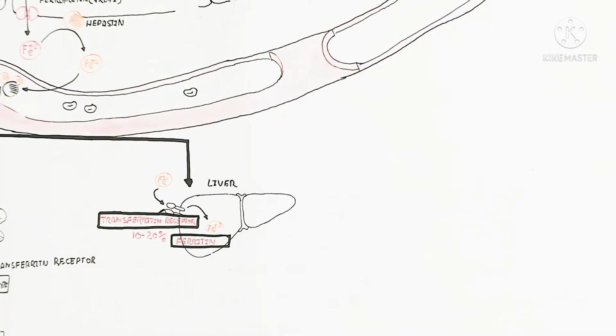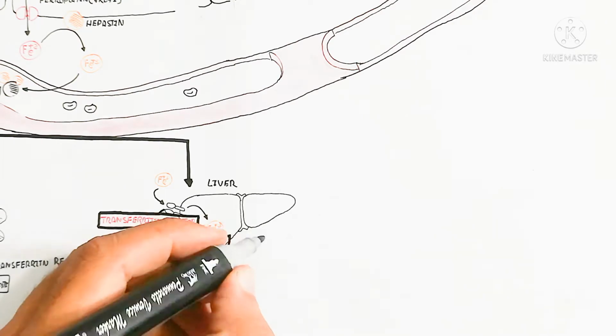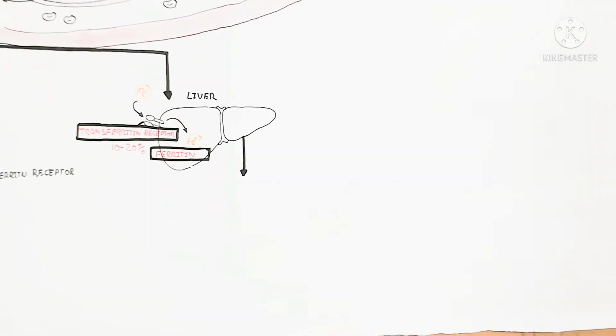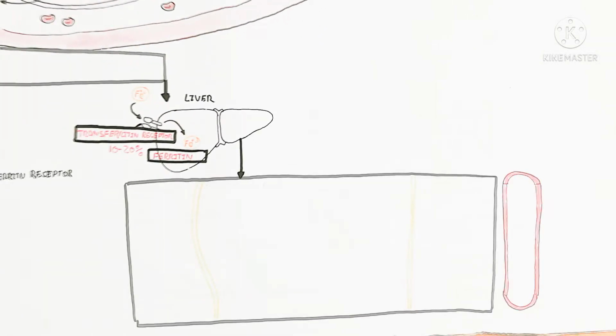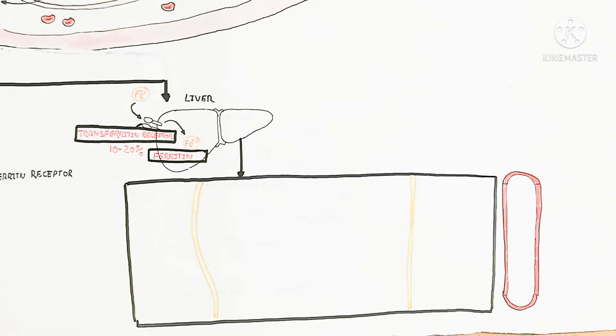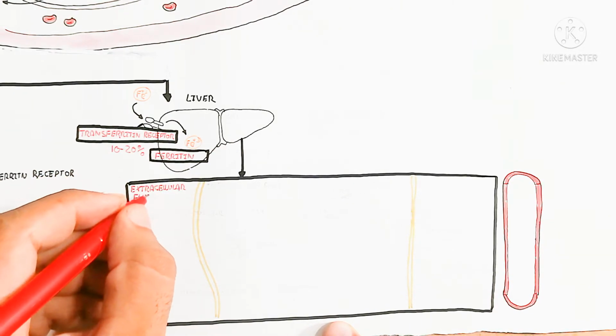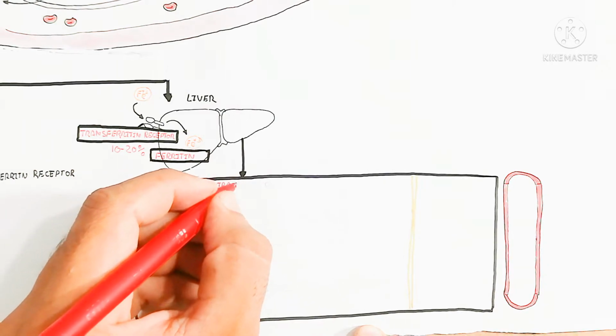The ferritin protein is either stored in the liver, or it moves again into the bone marrow, which is the major reason. But the liver also plays an important function in storing iron for further requirement.